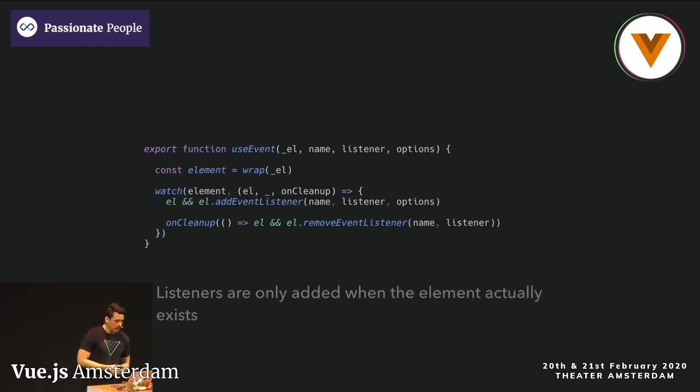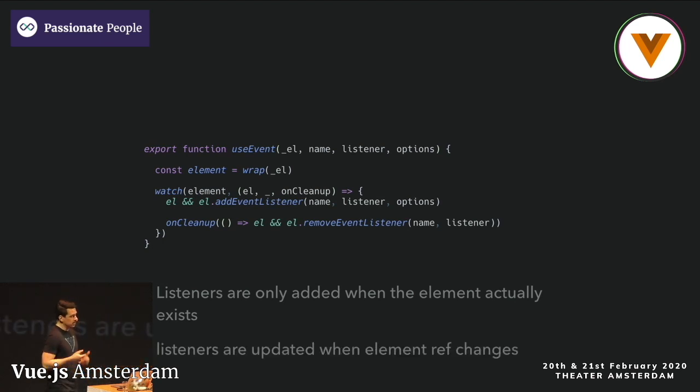So now we have solved both of our problems, right? Listeners are only added when the element actually exists, and when it comes to life later, we can still add the event listener automatically. Listeners are updated when the element ref changes, and they are also cleaned up when the element is gone, or when the component unmounts. And so this is not only useful with elements, mind you.